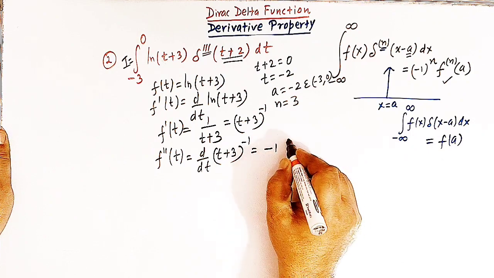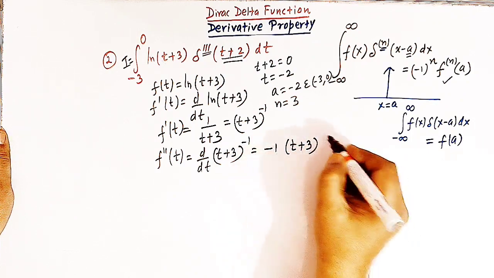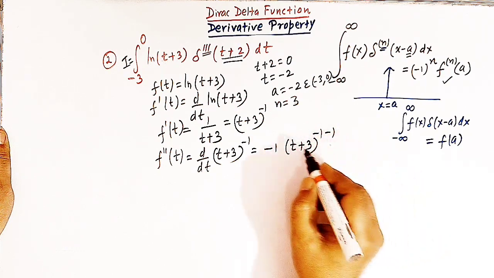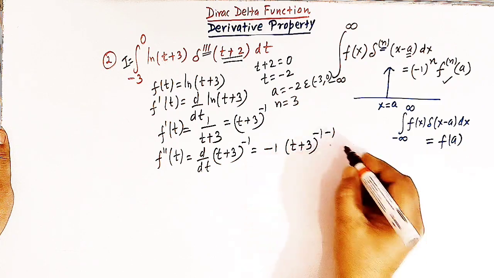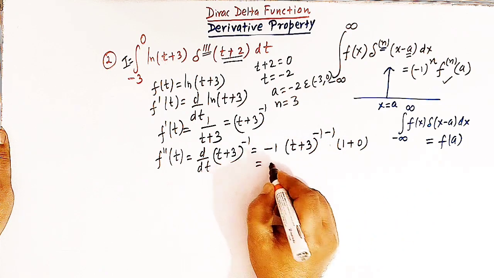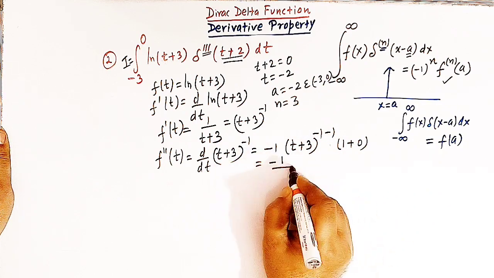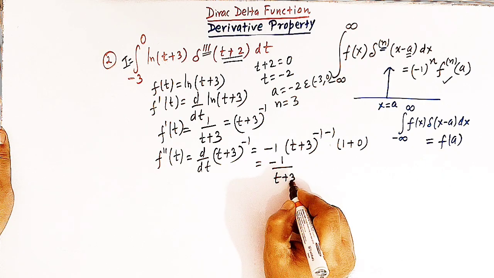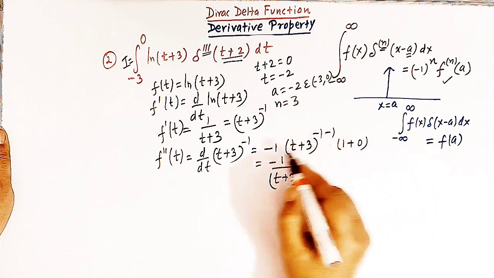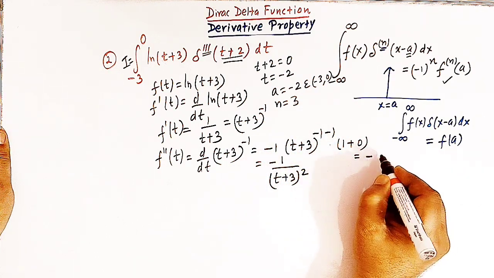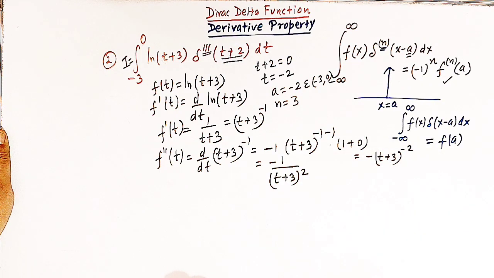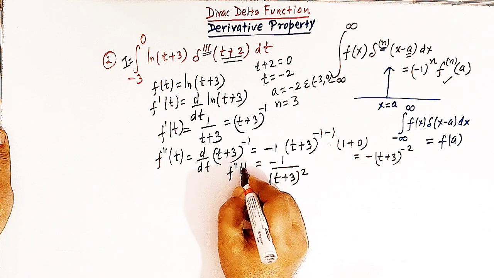So this is minus 1 times (t plus 3) raised to minus 2 using the power rule, and then by chain rule the derivative of t plus 3 is 1 plus 0, right? So we have minus 1 divided by (t plus 3) raised to the power 2, right? So we can also write this expression as minus (t plus 3) raised to minus 2, right? So this is the second derivative.